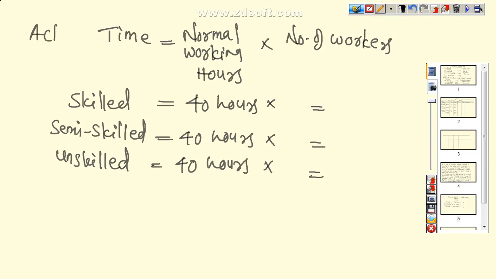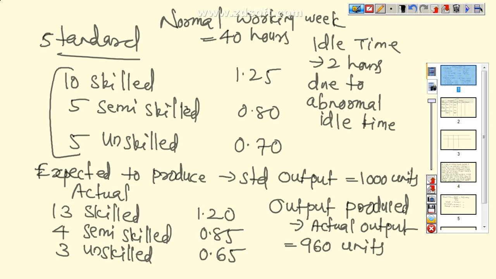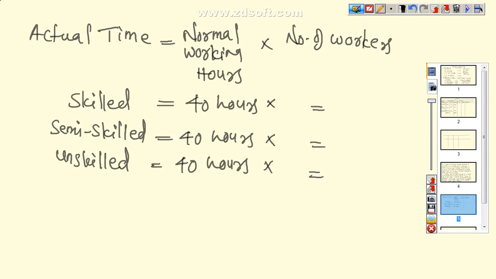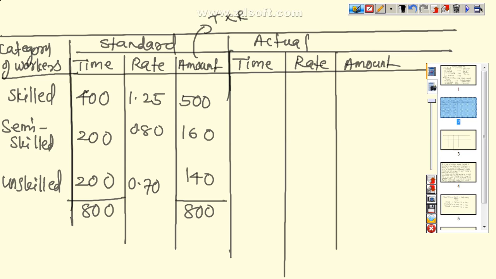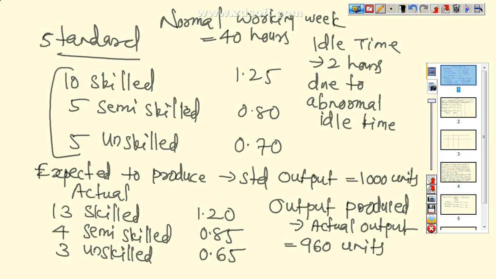So actual time is 40 hours multiplied by the actual number of workers, 13, 4 and 3, which is equal to 520, 160 and 120. Again we put it in this table.